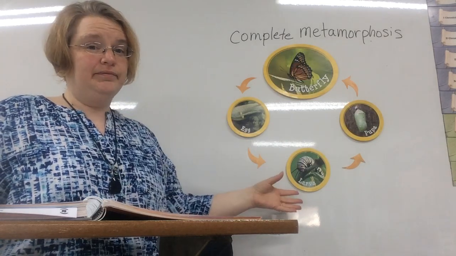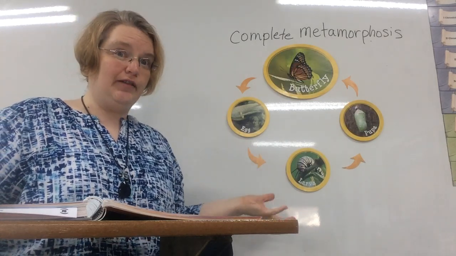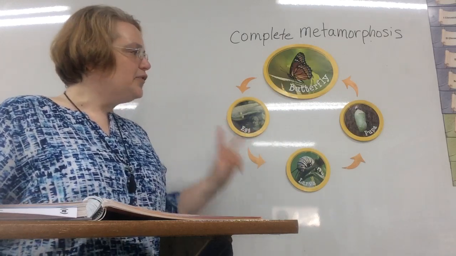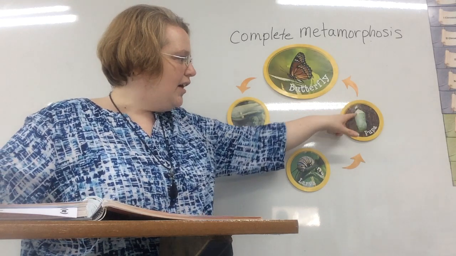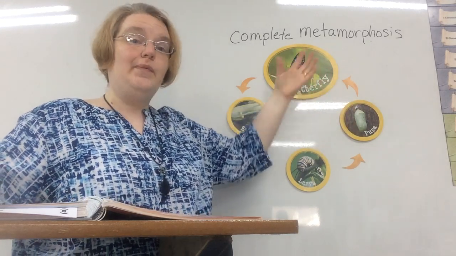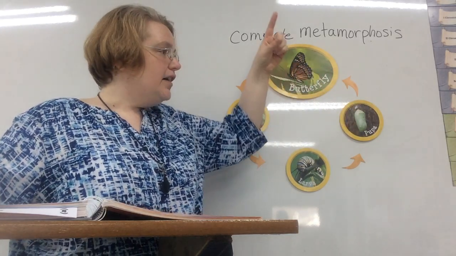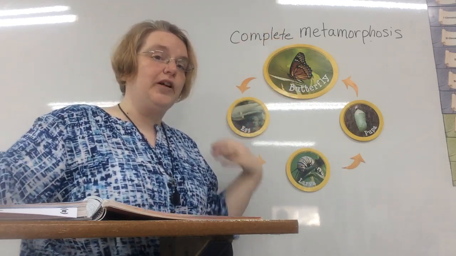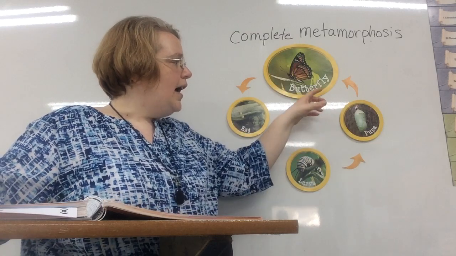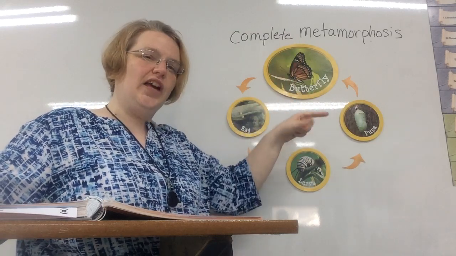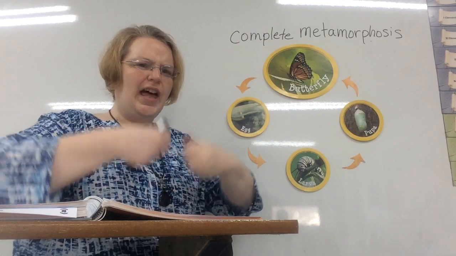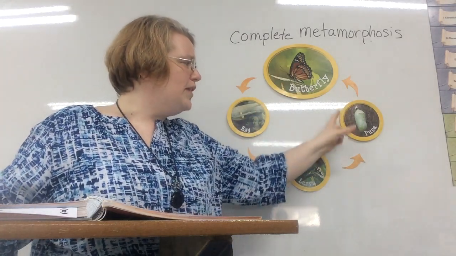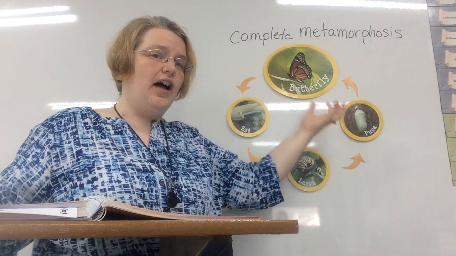Now, its job is to eat and to get bigger and to eat and to eat until it's ready to attach itself upside down on maybe a tree branch. And like I mentioned before, and I hope you got to see that video of how a butterfly goes through metamorphosis, it will change into kind of like a J shape, and then it will shed or take off its outer skin and begin to form this very hard covering around its body.